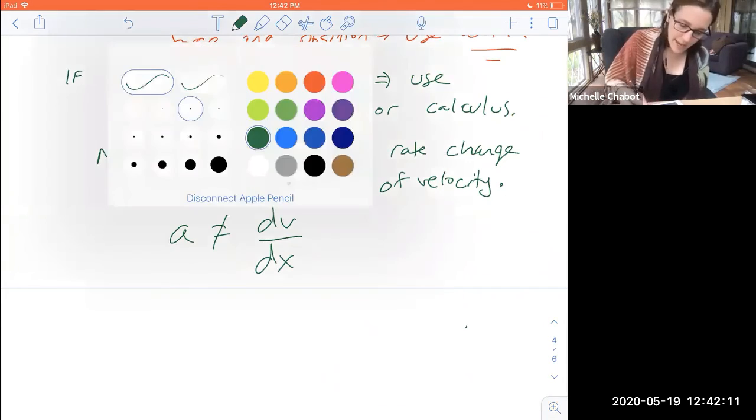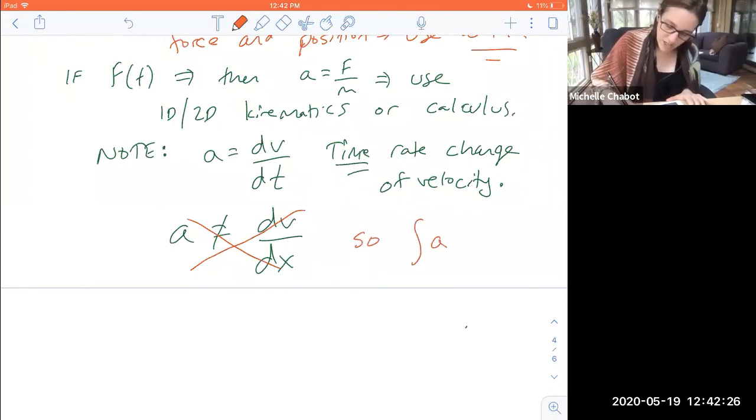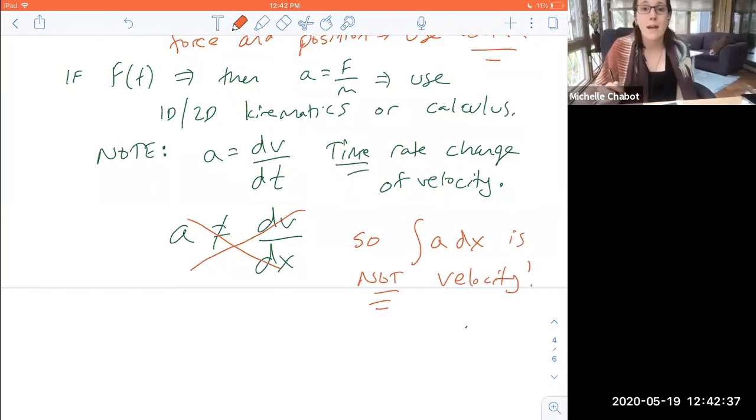So you cannot use just an integral of acceleration versus position and end up with velocity. The integral of the acceleration dx is not velocity. So be aware and stay away from that pitfall.